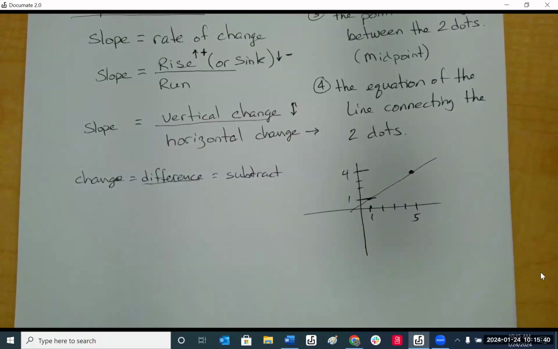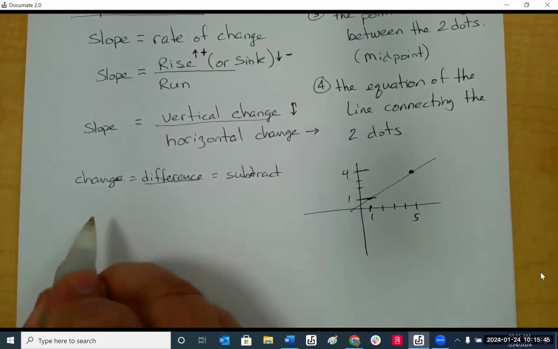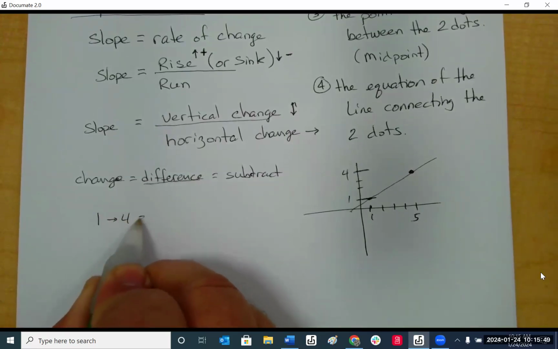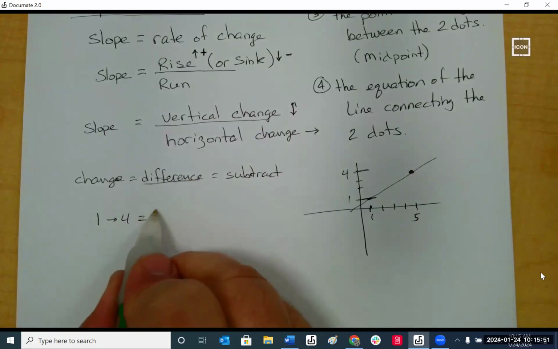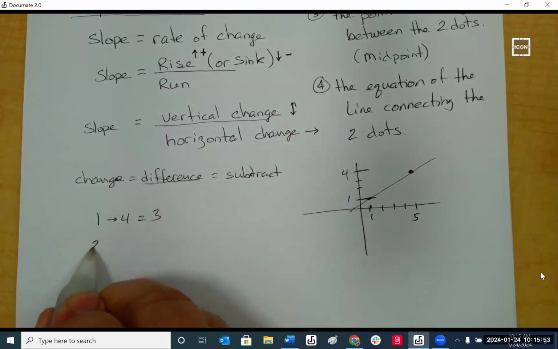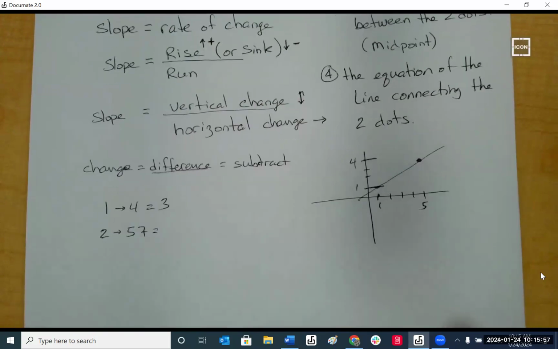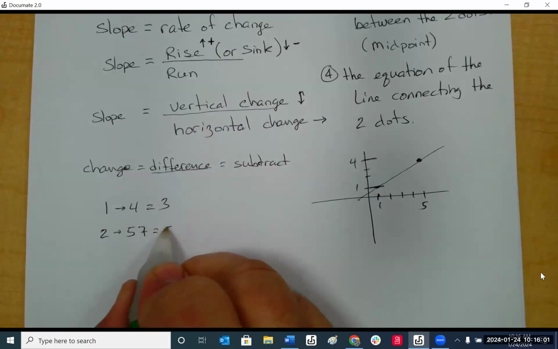How'd you get 3? Let's look at this. Between 1 and 4, how many spaces are there? Between 2 and 57, how many spaces? 55, very good.